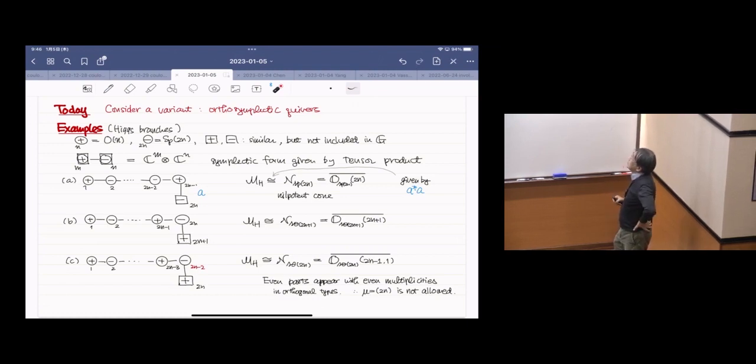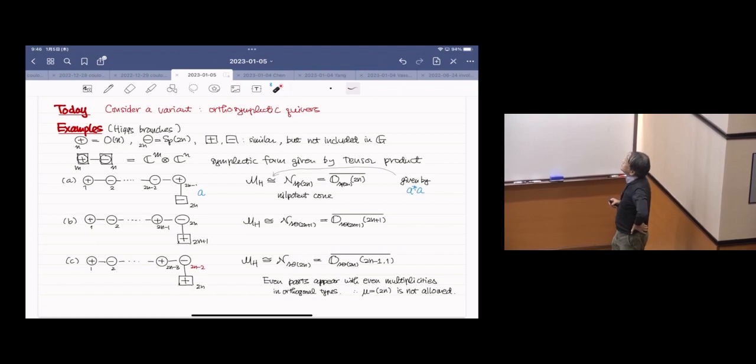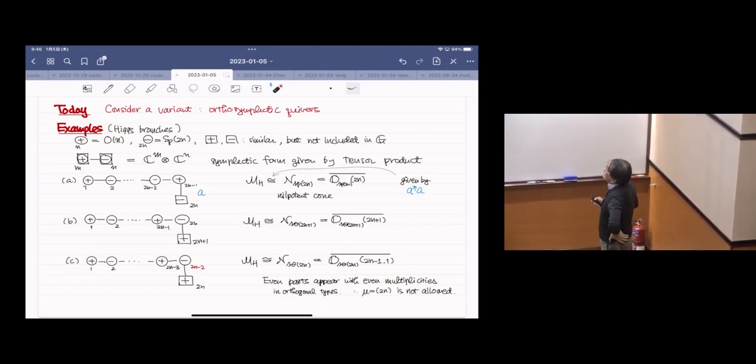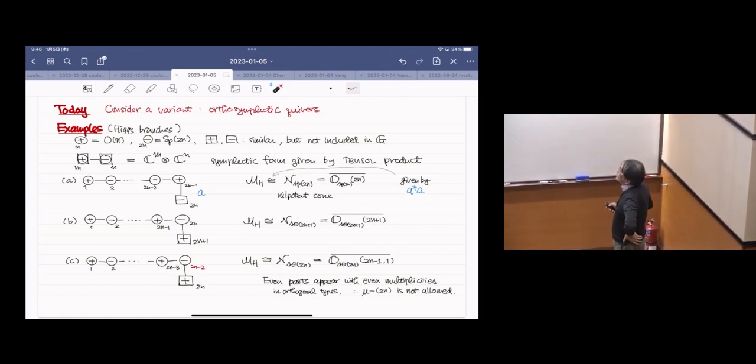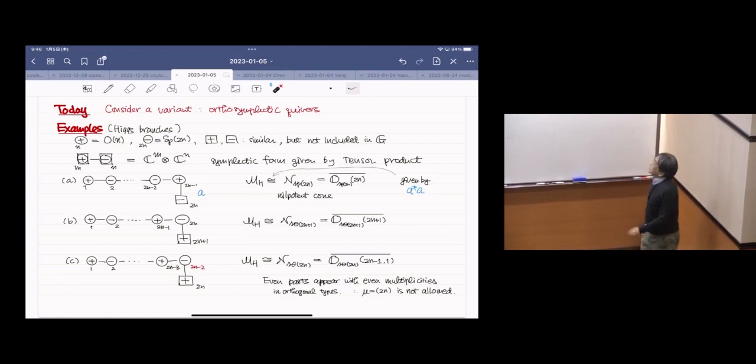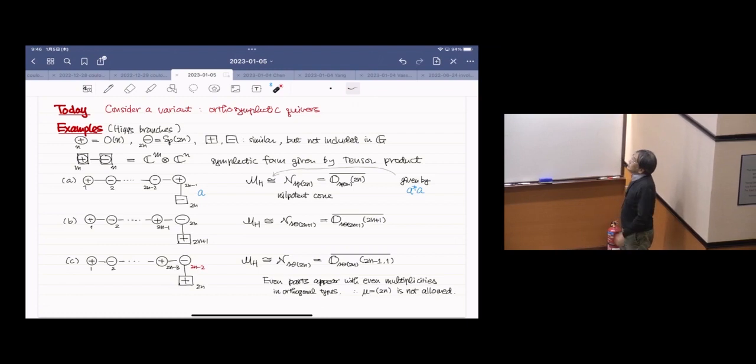It's known that this is the nilpotent cone for Sp(2n). In fact, the isomorphism is explicit: if this component is A, then you consider A star, the adjoint of A, times A. This is an endomorphism of this space, and it gives an element in the nilpotent cone. This is very similar to the case of quiver varieties, when the quiver variety is the nilpotent cone for type A.